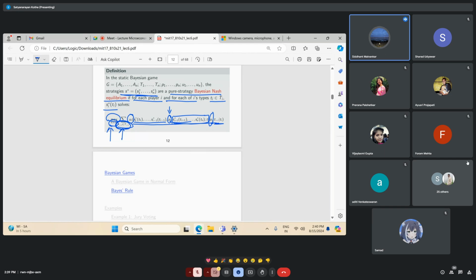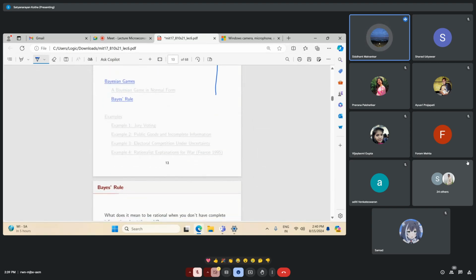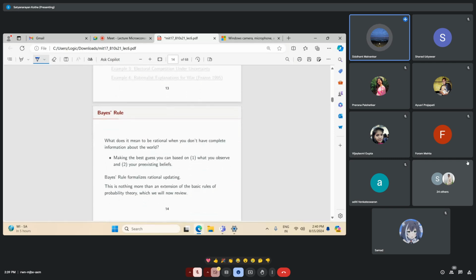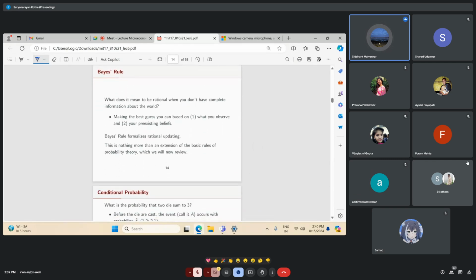Okay, and so we need some rule to reach this equilibrium, and so we define the Bayes rule to reach the Nash equilibrium. And what is this Bayes rule about? Why is it necessary, or why does it need to be formalized? We know that there is no complete information about the world, correct?